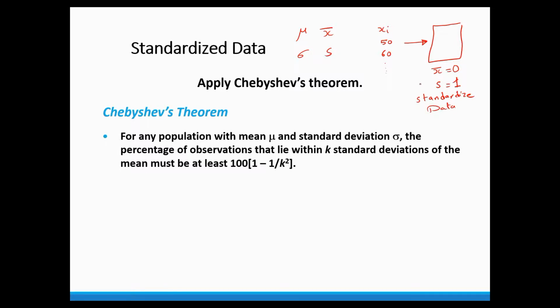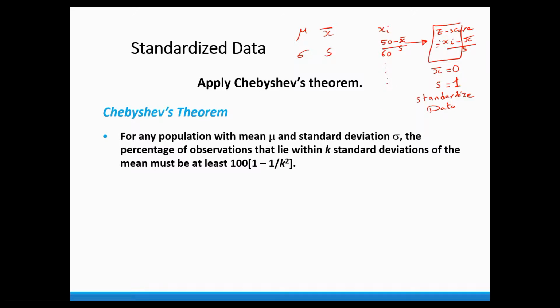So to do this shift, we obtain what is called the z-score, and the z-score equals xi minus x bar divided by s. So we have to subtract the mean from each data value and divide it by the standard deviation. We have to apply this to all the xi's.